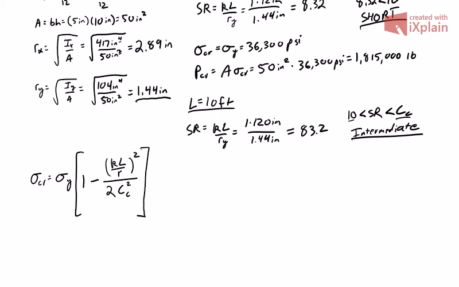All right, so you might notice K times L over R is equal to the slenderness ratio, right? So we can get rid of all those and just say slenderness ratio. That'll make it a little bit easier to write things in.